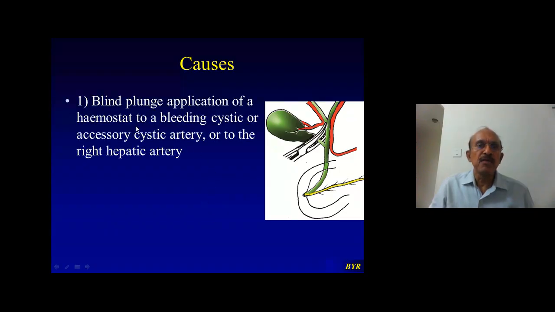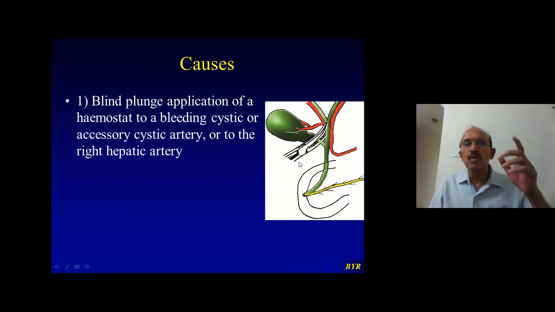Blind plunge application of a hemostat to a bleeding cystic or accessory cystic artery or to the right hepatic artery. For example, you are doing cholecystectomy operation. Suddenly there is a gush of blood. So whenever there is bleeding, actually you will panic. Under that panic condition, if you just put an artery forceps to clamp the bleeding site, there may be injury to the bile duct here.